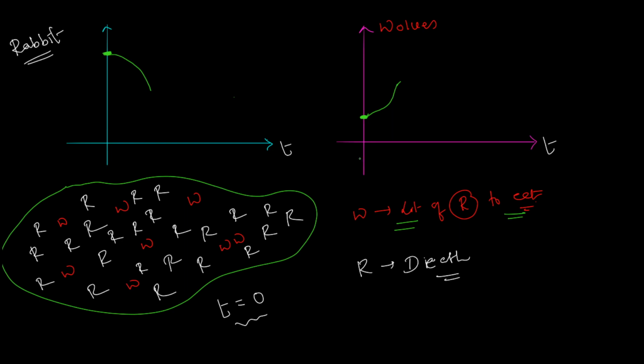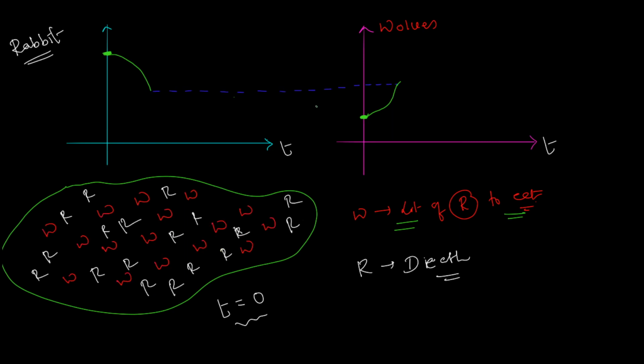Maybe at a later stage, because rabbits are dying and wolves are feeding on them, and not only that, there is always reproduction, at a later time, a few months or few years down the line, you might see that their populations are now more or less equal, with the wolves reproducing more and the rabbits, while reproducing more, getting killed by wolves, right?